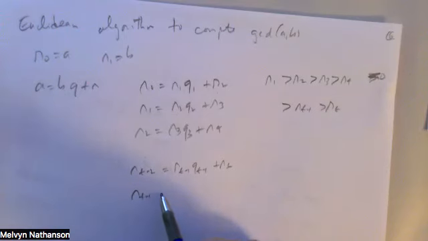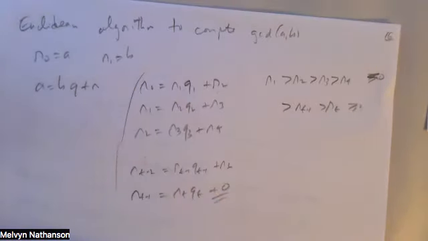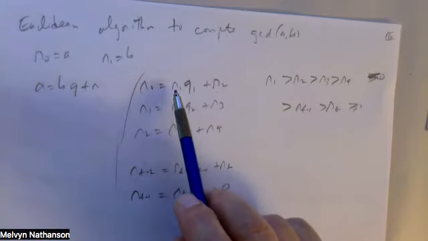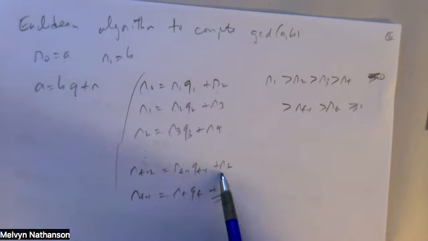And eventually, you must get a remainder of 0. This sequence of successive long divisions has to stop. And the GCD of R0 and R1, which is the GCD of A and B, is the same as the GCD of R1, R2, R2, R3, RT minus 1, RT, but then RT divides RT minus 1.